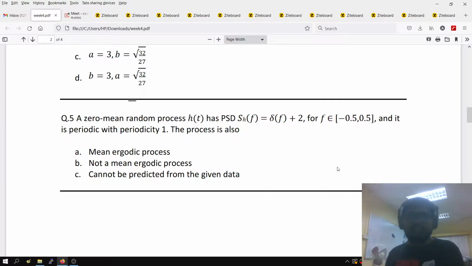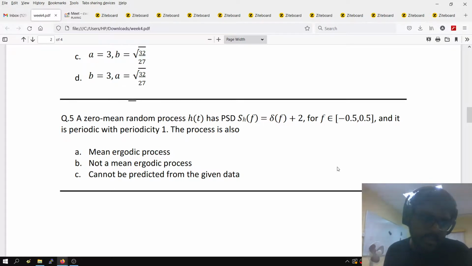According to the given answer, it is not a mean ergodic process. However, from my perspective, as I have understood the question, S_H(f) is the power spectral density, and it is written that it is periodic with periodicity 1. This periodicity implies that the PSD is periodic, so this implies only that the autocorrelation function is discrete. I cannot comment more than that.